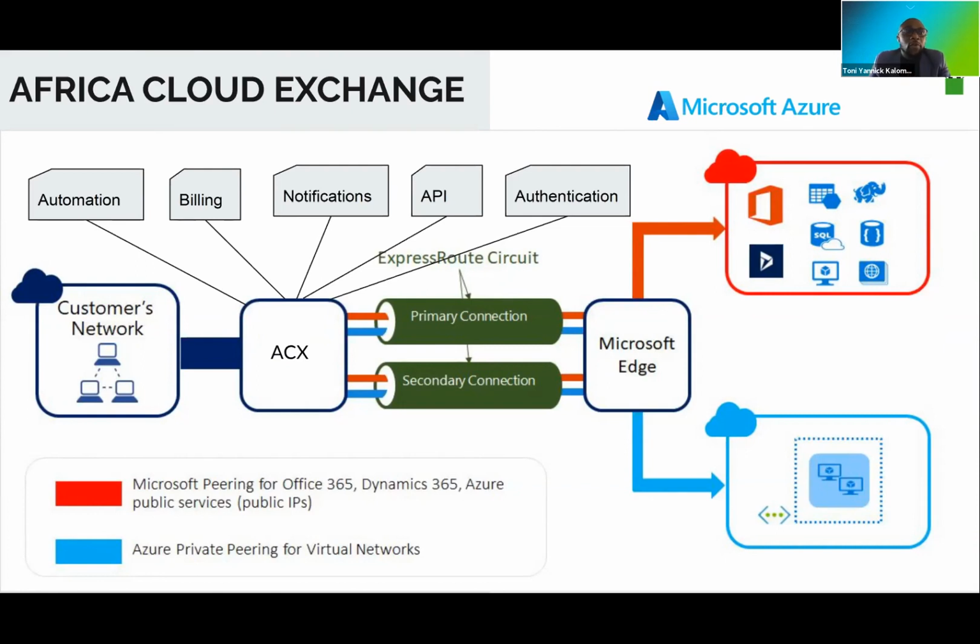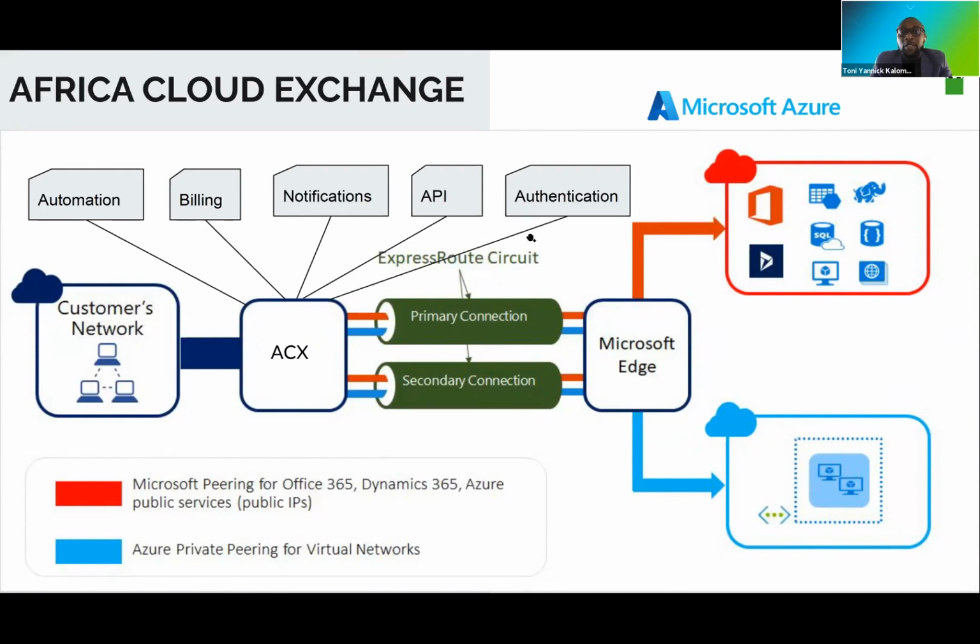It has workflows that allow the automation of the service provisioning on the network, as well as with the CRM systems that are involved. And of course, it also allows notifications to be sent so that you know what's happening on the services that you have with Teraco.